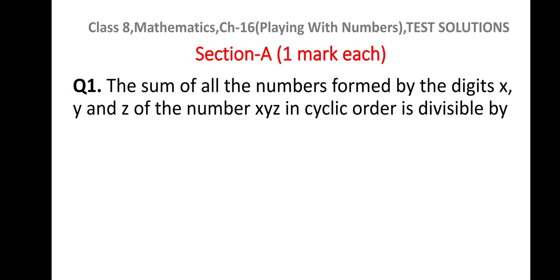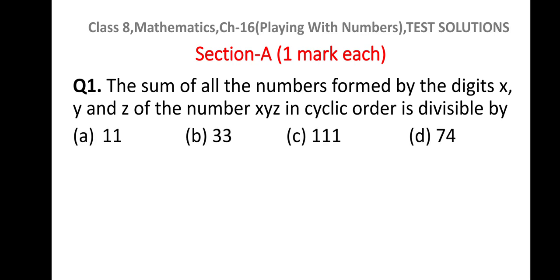Question number 1 says the sum of all the numbers formed by the digits xyz of the number xyz in cyclic order is divisible by. These are the 4 options given to us in this question. Dear children, we have learnt the concept of reversing the digits of a 3-digit number.